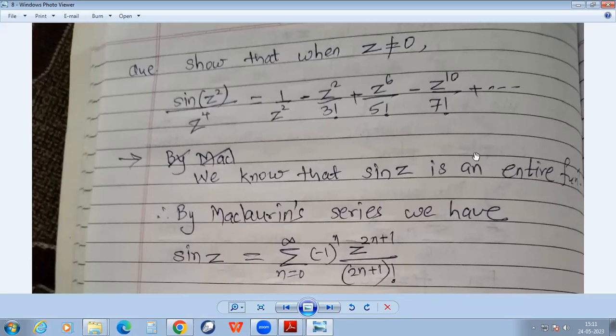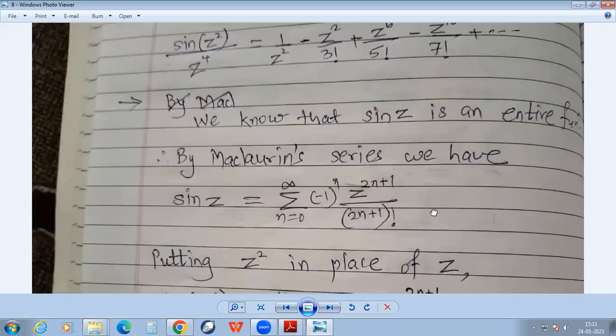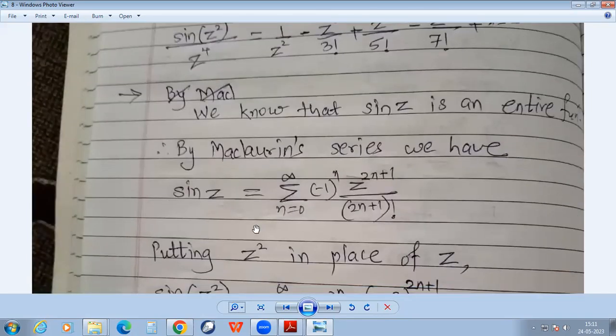By Maclaurin series, we can expand sine z as summation n running from 0 to infinity, minus 1 raised to n, meaning alternate plus minus sign, z raised to 2n plus 1, meaning odd powers of z, upon 2n plus 1 factorial. Same factorial we are having in the denominator.